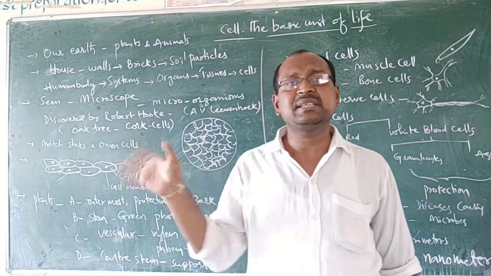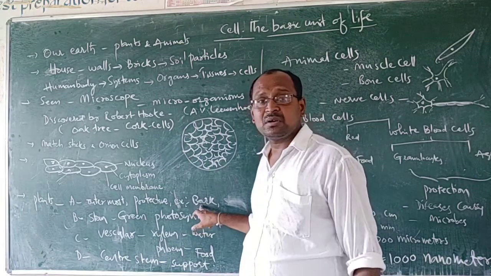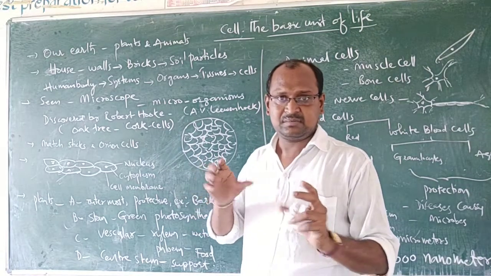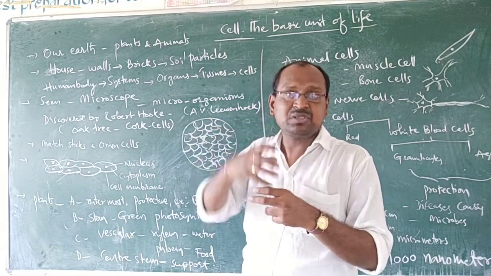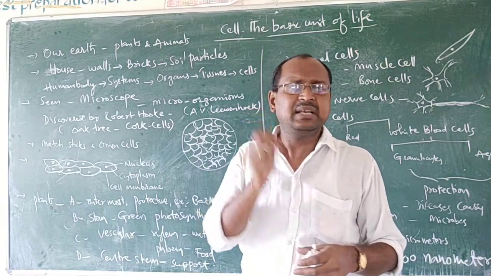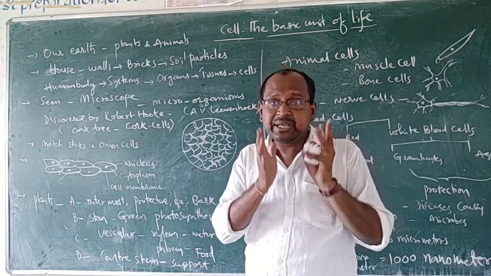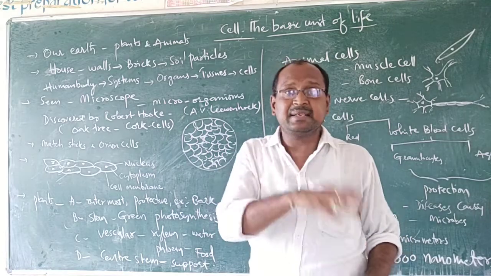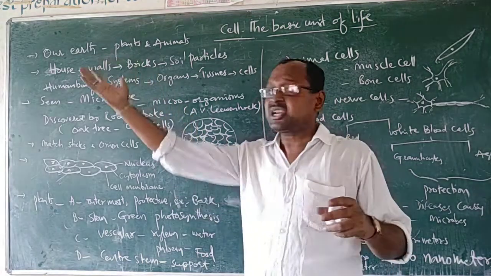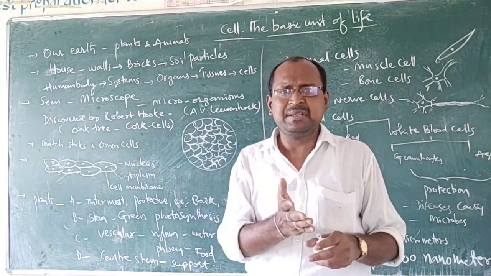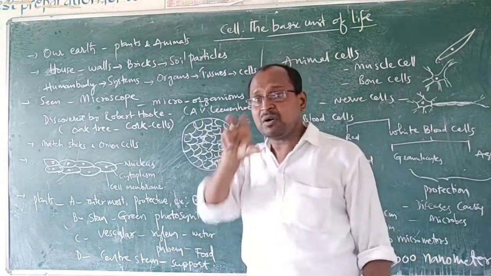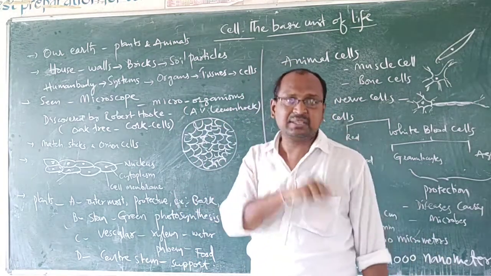These are actually dead cells. We can observe them on the bark of trees, outside, hard in nature. They are protective in nature and protect the plant body from harsh climate. If any animal damages the plant, it cannot die easily because these bark cells protect the plant.